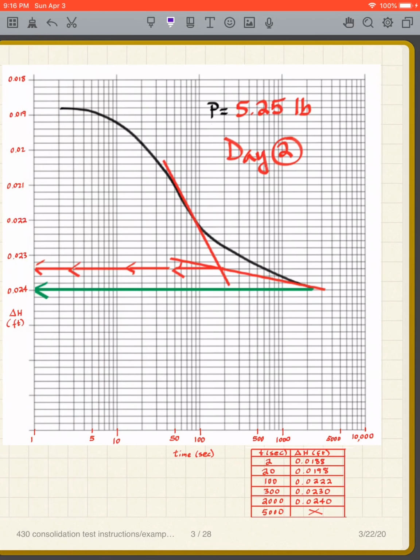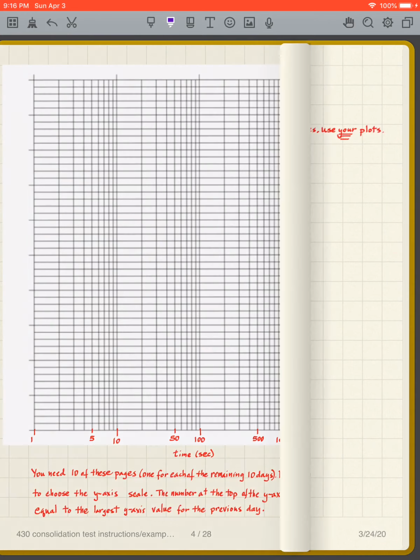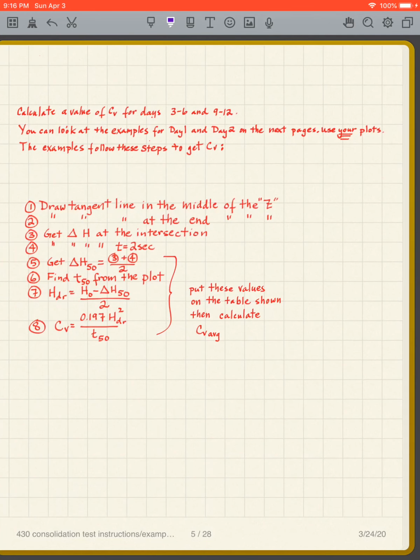Again, here's a tangent line approximately in the middle of the Z. This is an approximate tangent line at the end of the Z, and we get the intersection point. So the steps are: draw tangent lines in the middle and the end of the Z, get the intersection point, get the delta h at that intersection point, and then get the delta h at 2 seconds.